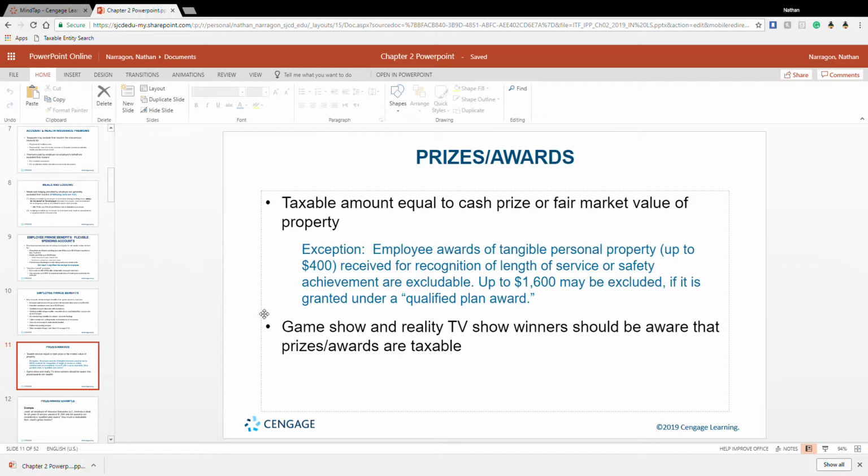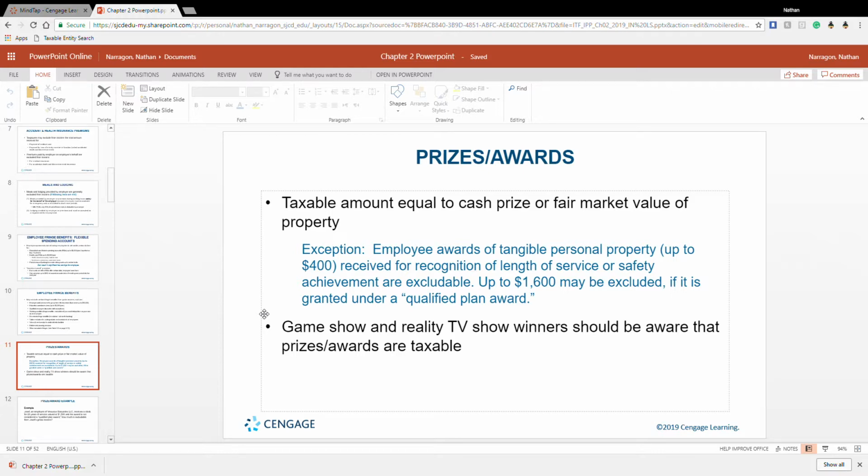The exception is that employee awards of tangible personal property up to $400 received for recognition of length of service or safety achievements are excludable, but up to $1,600 may be excluded if it's granted under a qualified plan award.